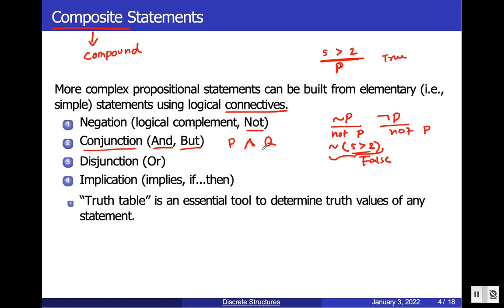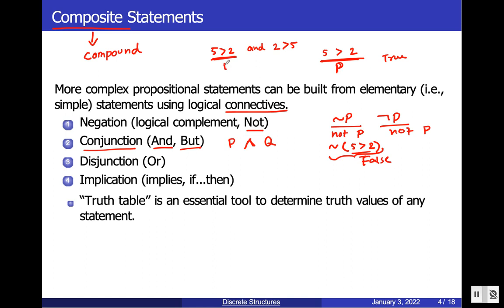Say, for example, I am saying that 5 greater than 2 and 2 greater than 5. Seems unreasonable, but it's a statement. Why is that?